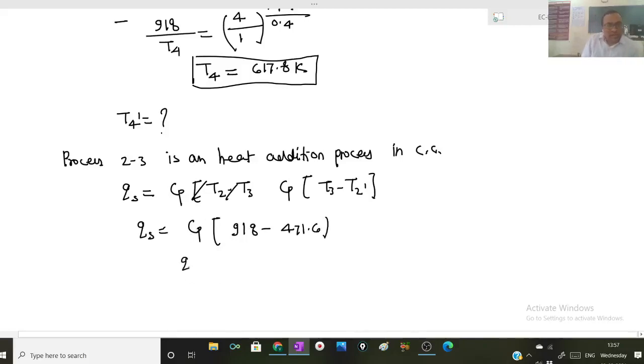So heat supplied comes out 446.4 kilojoule per kg.